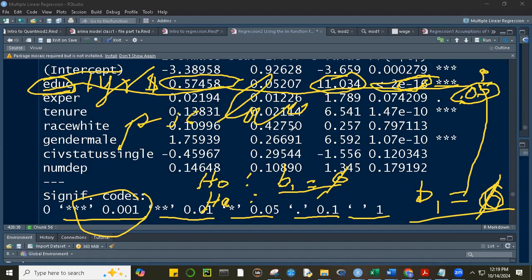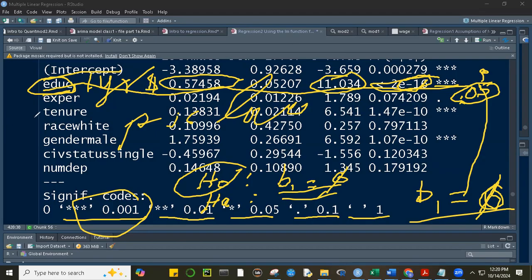When the P is low, the null must go, meaning reject. P is low, null must go. So it's important to know the null. Here, the null is your beta 1 is equal to 0. And here also, class, it is equal to 0.